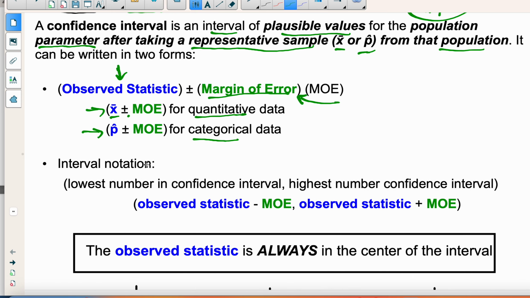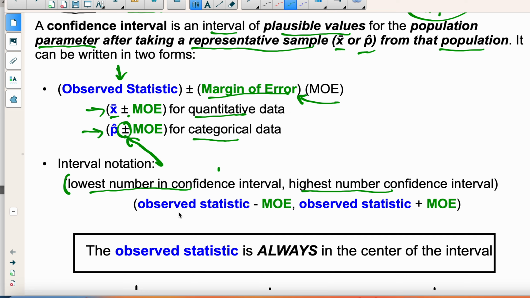And then interval notation is really just rewriting this form up here, by doing this algebra. We write it with these parentheses and we say, what's the lowest value that the estimate could be and the highest value? Well, we just do this addition and subtraction.